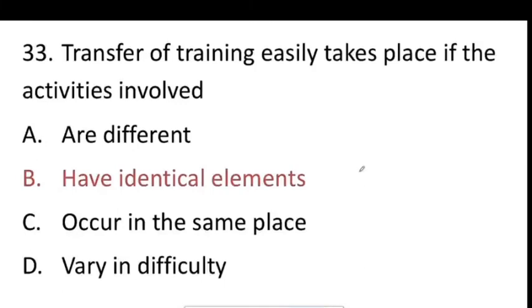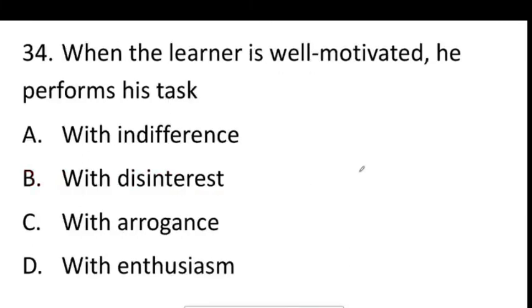So pag may pagkakapareho yung mga elements nila, then you can have transfer of training or application, or sometimes also called transfer of learning. Alright, we go to number 34. When the learner is well motivated, he performs his task, letter A, with indifference, letter B, with disinterest, letter C, with arrogance, letter D, with enthusiasm.